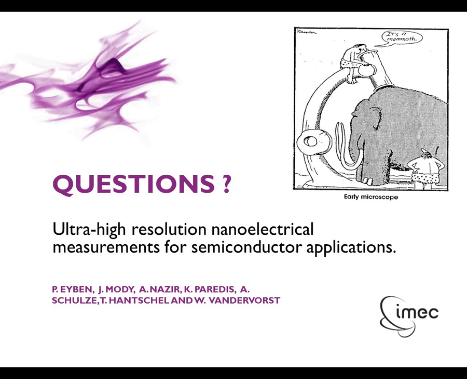We use, this is Pierre Iben here, we use KPFM on organics, in our case, to complement what we can get with CFM. We use CFM to get high resolution images, but KPFM is rather nice because you really do not damage your sample, which is a good point, of course.